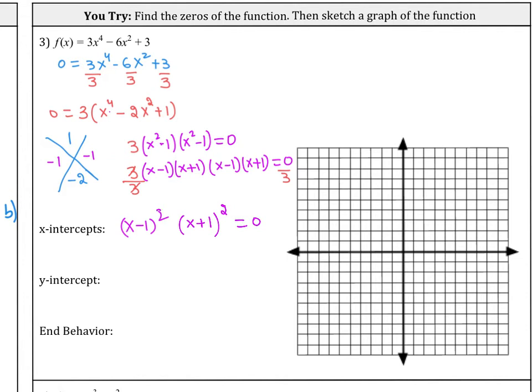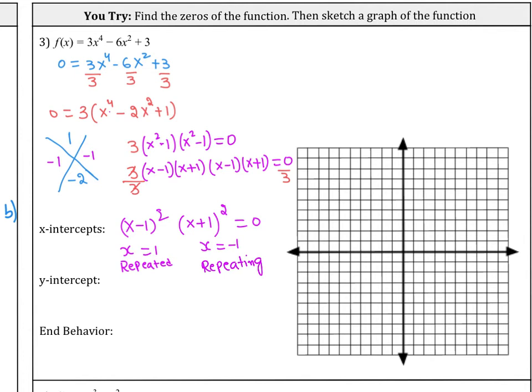So you're going to have x equals 1 as a repeating root. And from the other factor, you're going to get x equals -1. And since it's 2 factors or degree 2, this one is also a repeating root. So repeated root or repeating 0 or root.